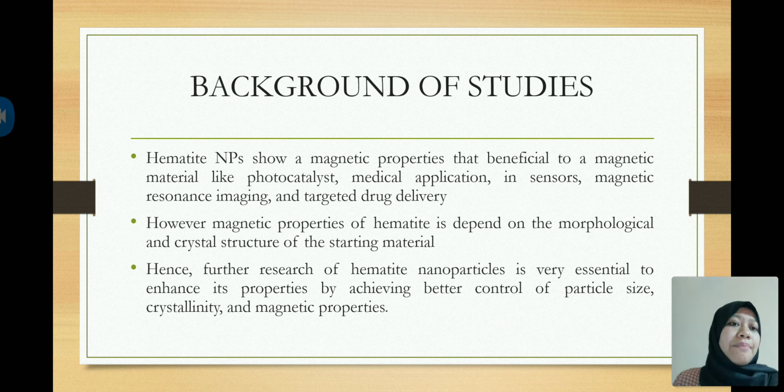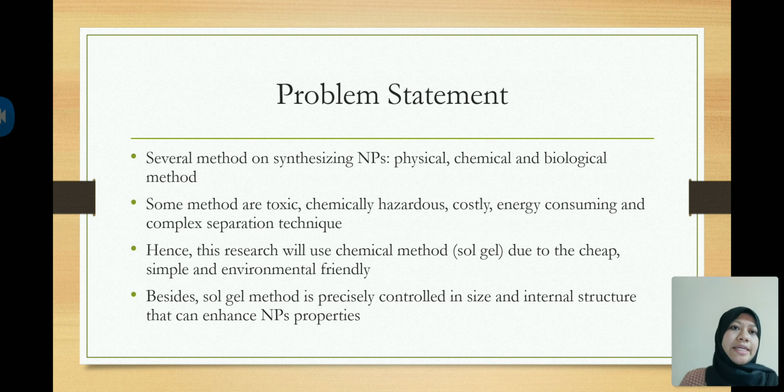However, the magnetic properties of hematite depend on the morphology and the crystal structure of the starting material. So, further research on hematite nanoparticles is essential to enhance its properties by achieving better control of particle size, crystallinity, and magnetic properties.